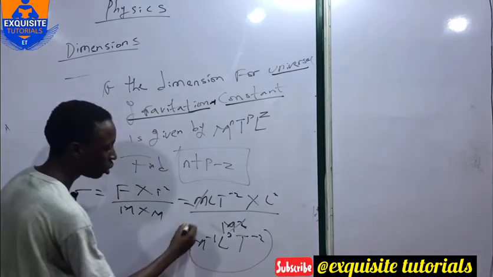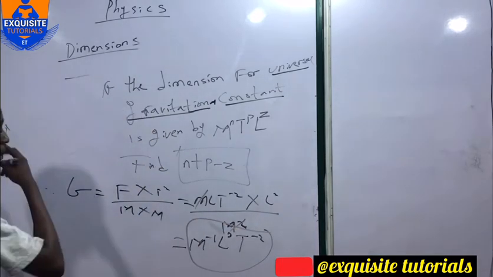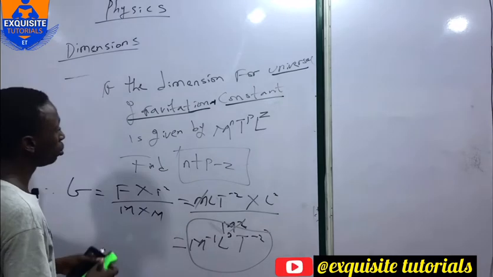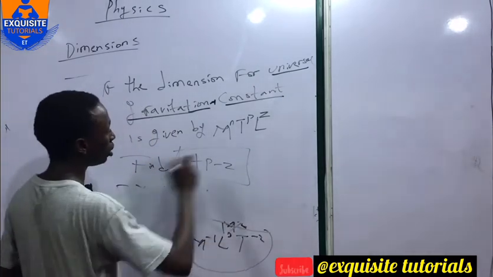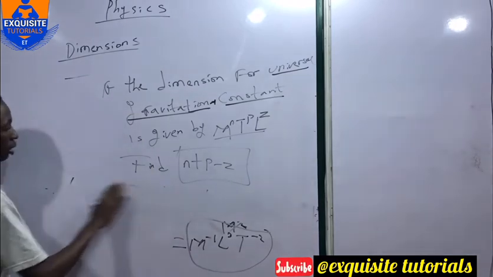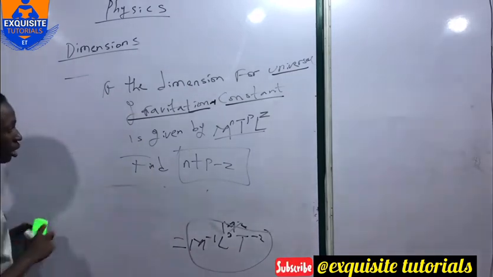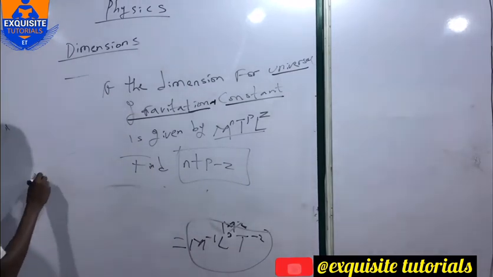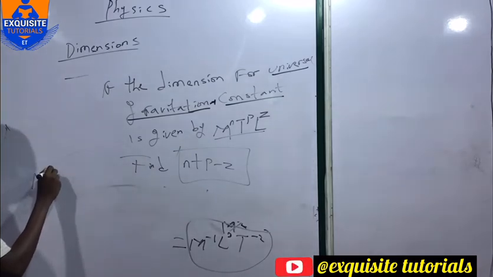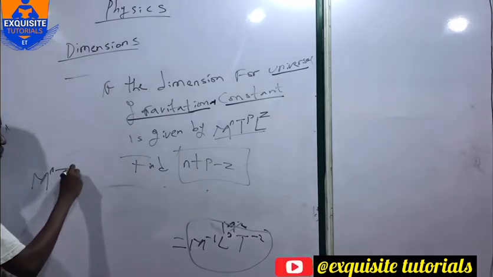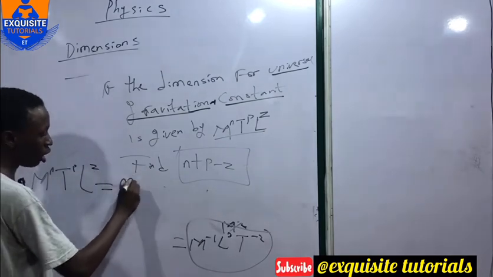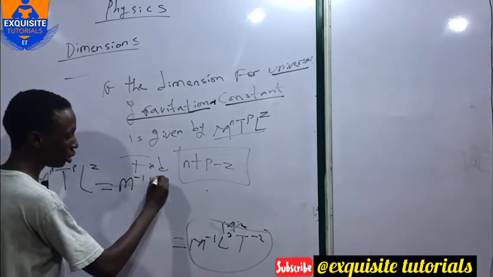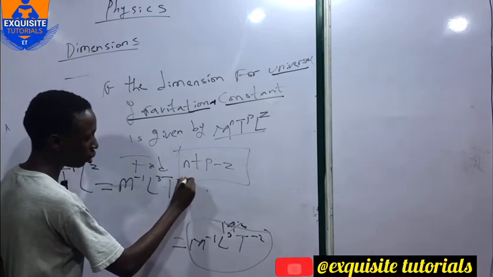So once you have gotten this, M minus 1 L cubed T minus 2, we can now equate this to what they give us here. So we can say M raised to the power n, T raised to the power p, L raised to the power z is equals to M minus 1 L cubed T minus 2.